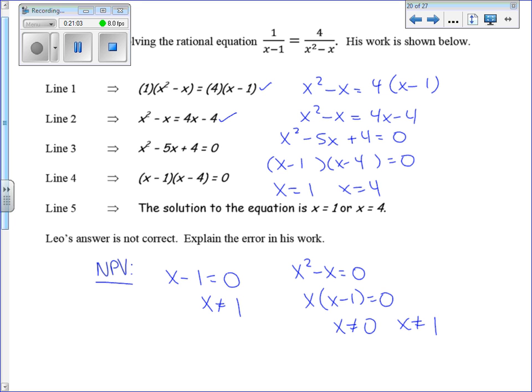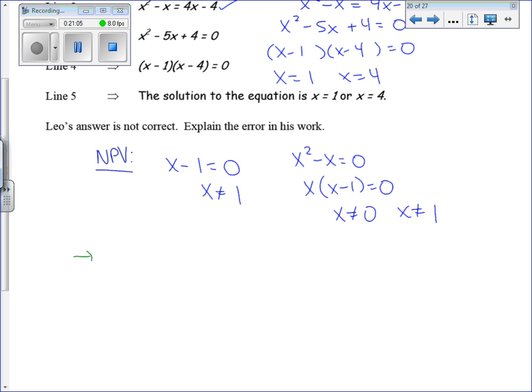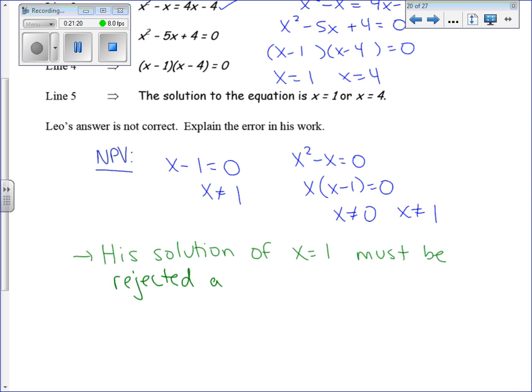So what Leo did wrong was his solution of x equals 1 must be rejected, as x equals 1 is a non-permissible value.